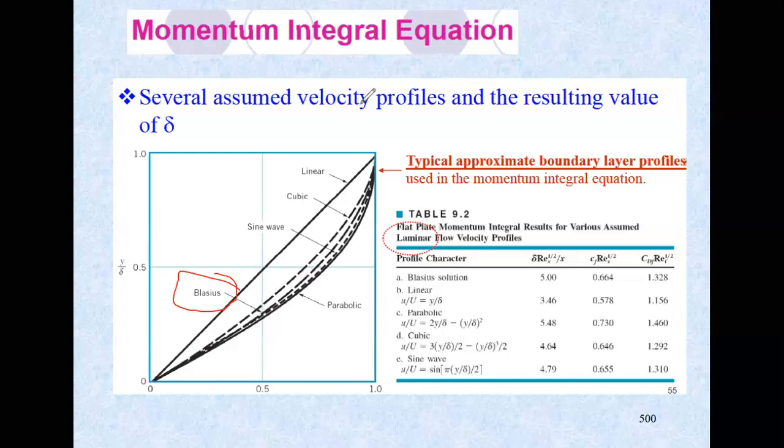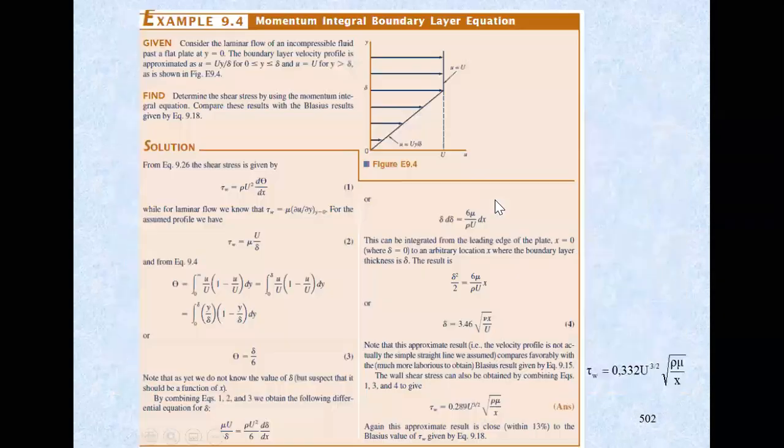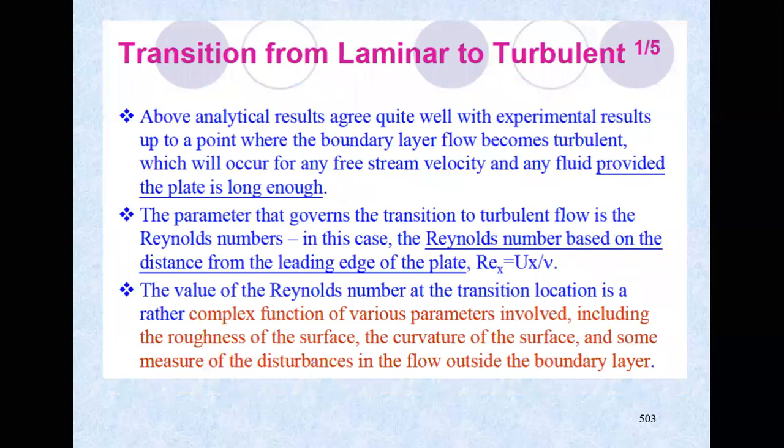Okay, now that's about the boundary layer. I think I can continue a little bit on transition from laminar to turbulent. The flow can change from laminar to turbulent because the Reynolds number is a function of x, u times x over viscosity.